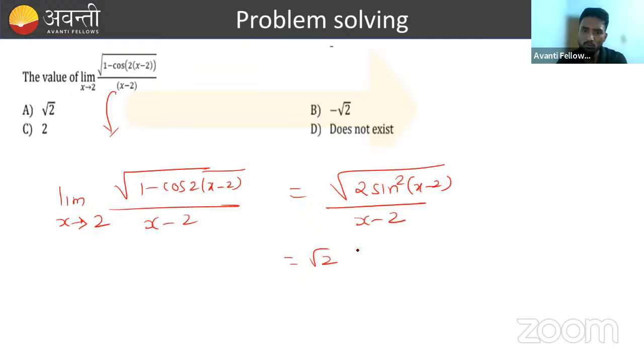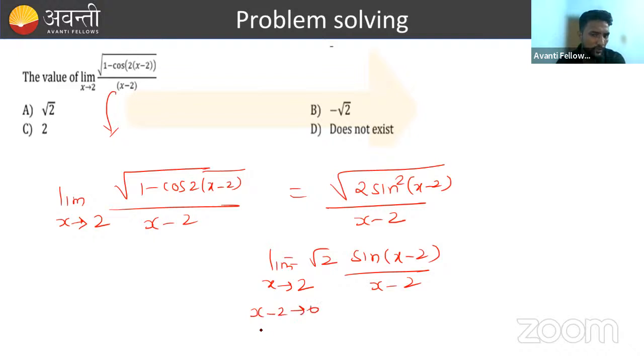So it is root 2 sin x minus 2 divided by x minus 2, limit x tending to 2. So I can write like this: x minus 2 tending to 0. Right. So if x minus 2 tends to 0, collectively I can write this equals 1.